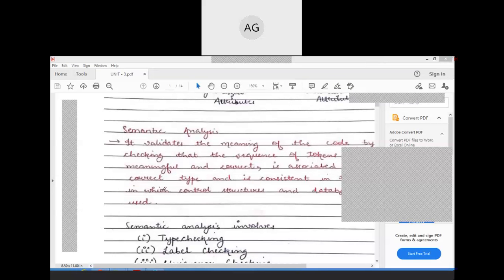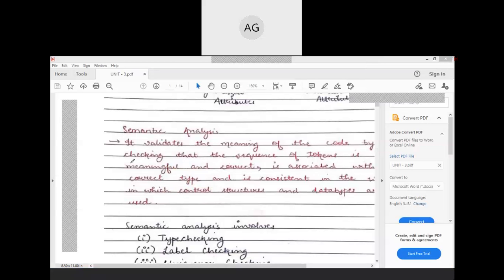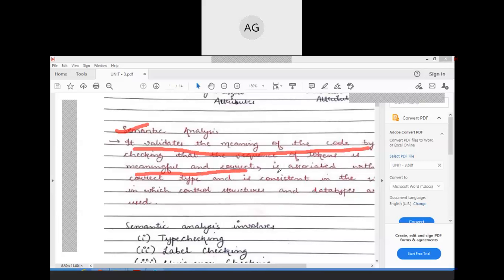Now I once again discuss semantic analysis. It is the third phase of the compiler design. Semantic analysis validates the meaning of the code by checking that the sequence of tokens is meaningful and correct, is associated with the correct type, and is consistent with the control structures and data types that are used.